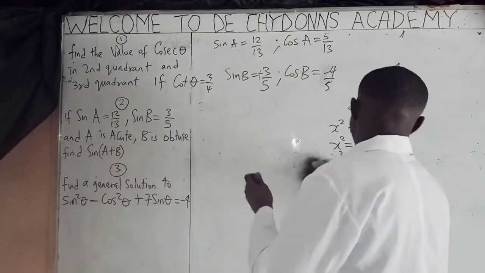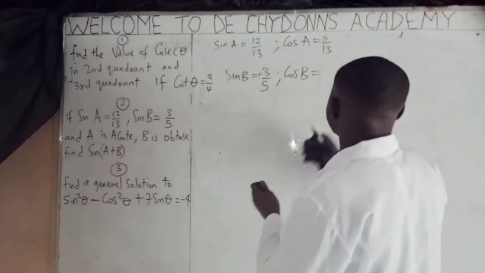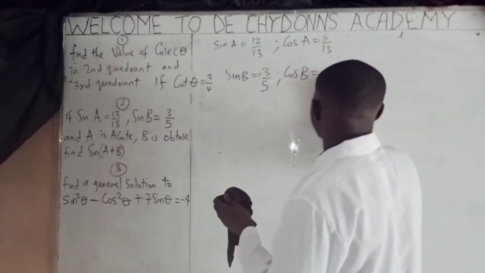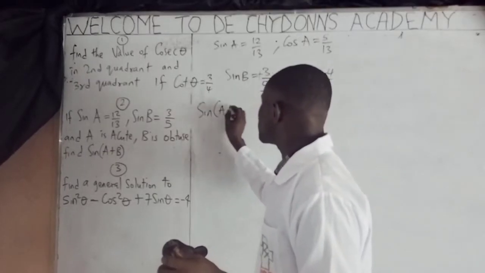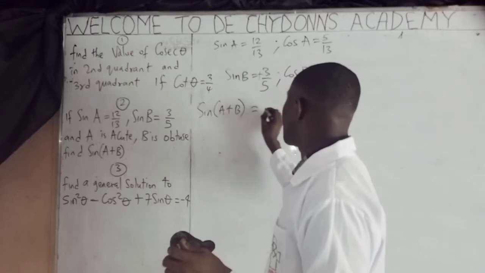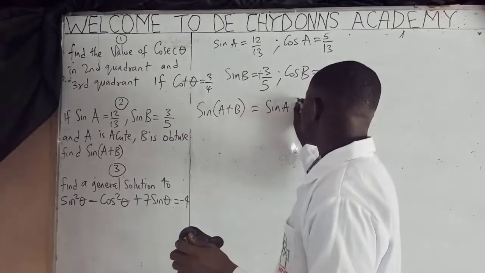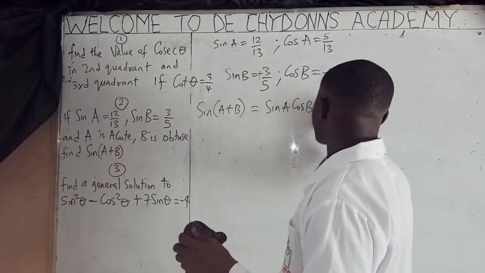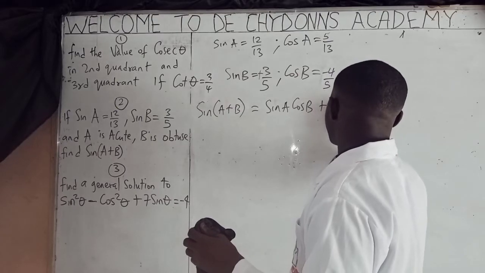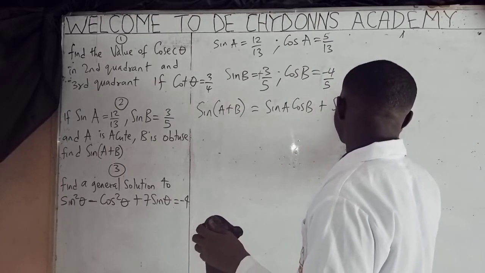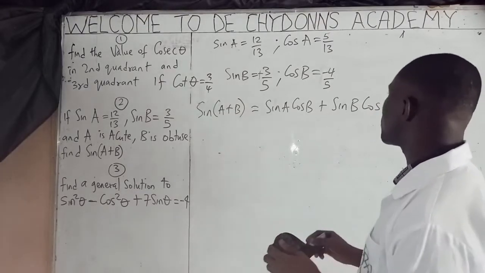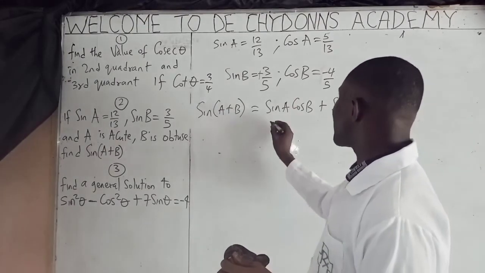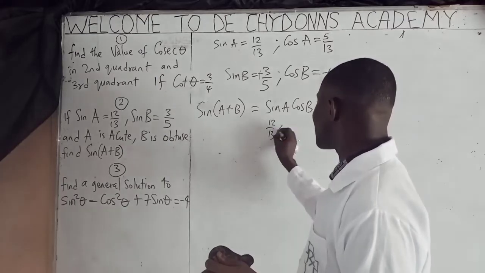Okay? Then we now say, let's continue and sort out our question. Now, sine A plus B, you must know the meaning of sine A plus B. It means sine A cos B plus sine B cos A. What is your sine A? 12 over 13 times.